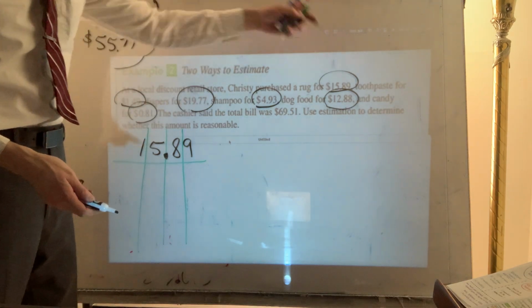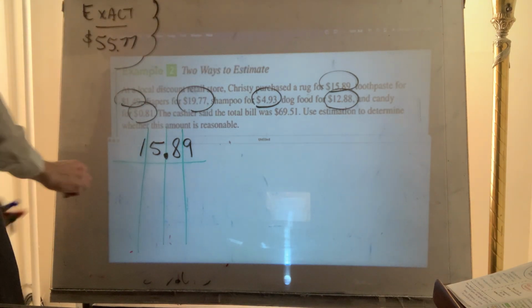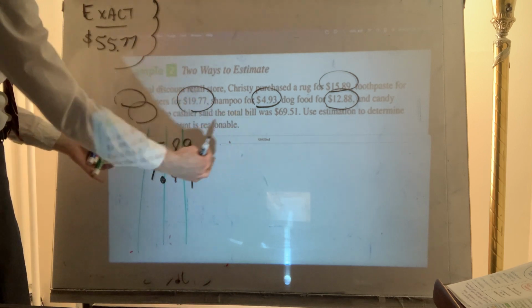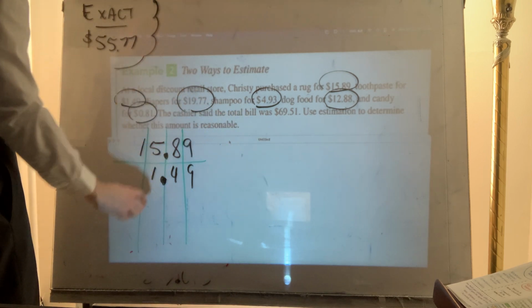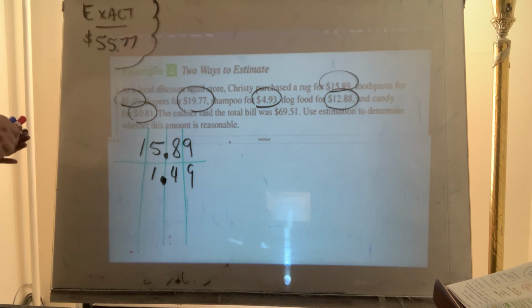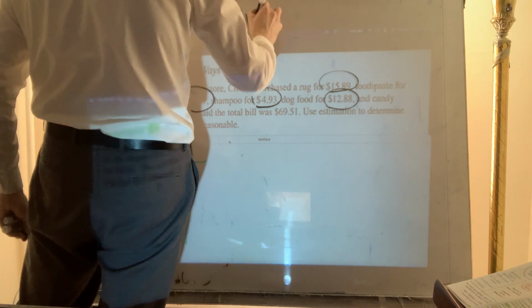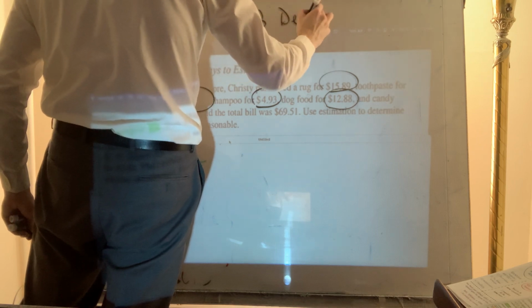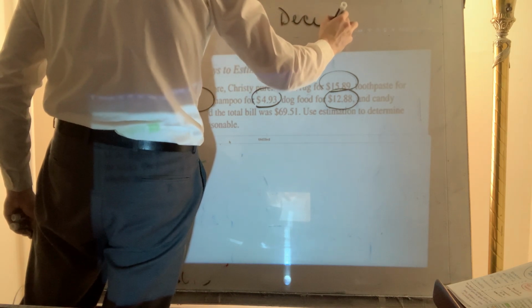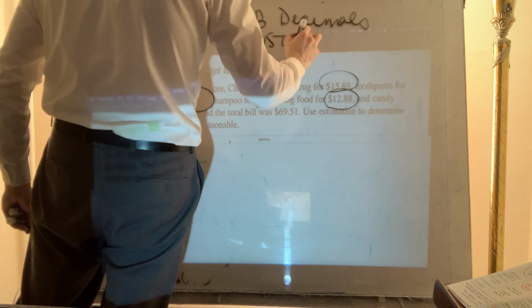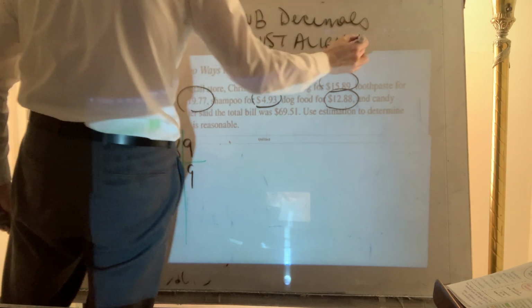So, $15.89, $1.49. When you add or subtract, everything has to be locked up like this according to the places. All right. When you add or subtract decimals, remember, they must align according to places.